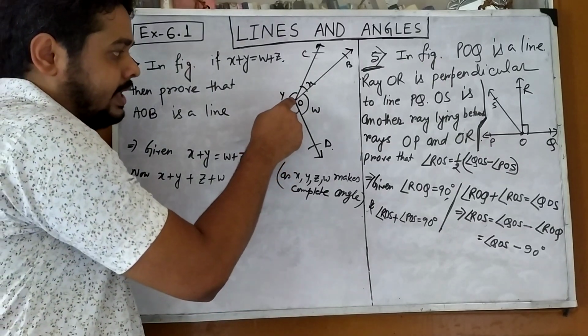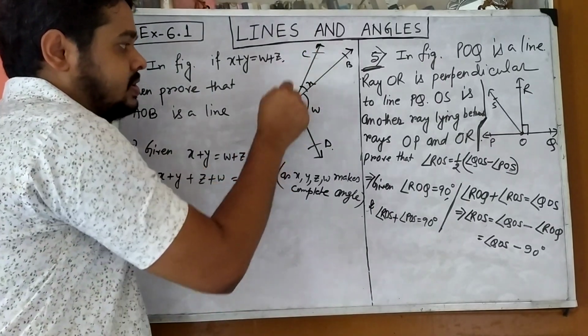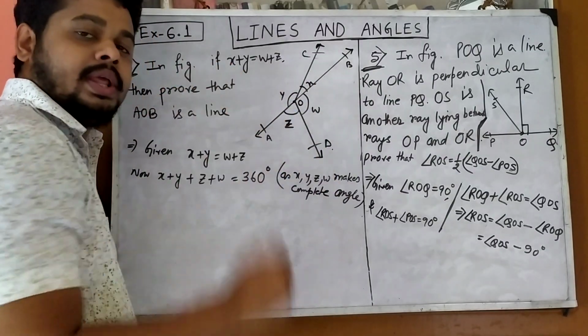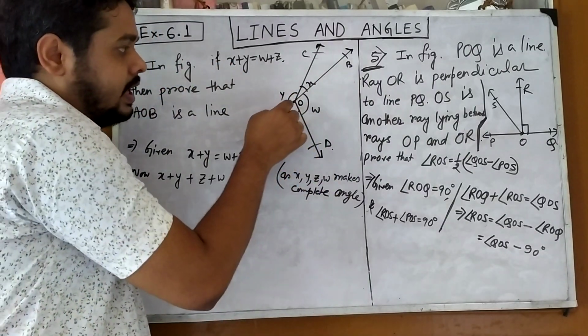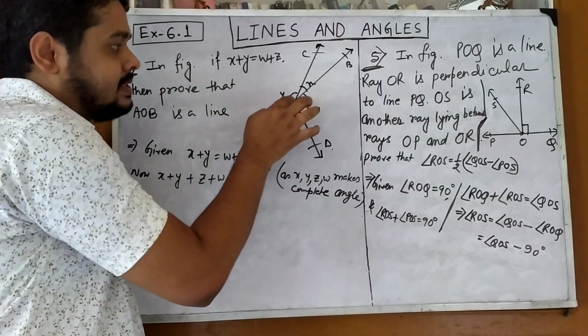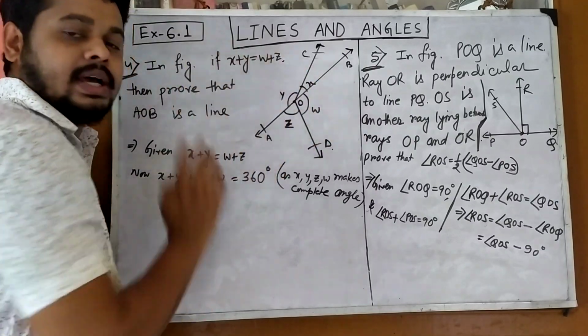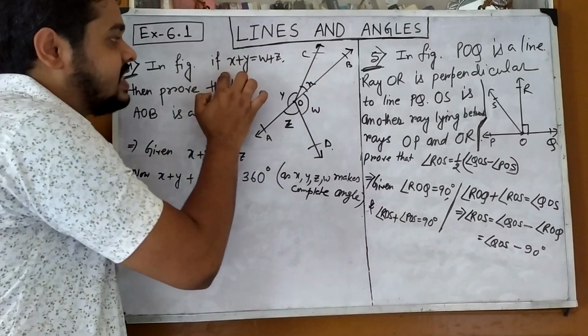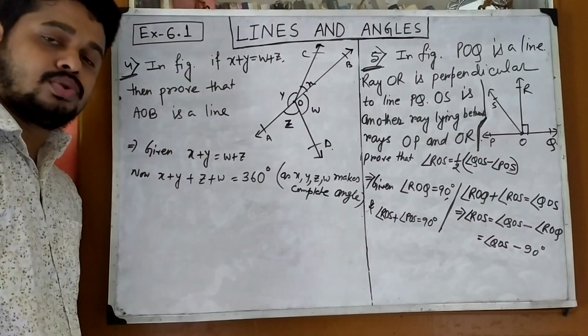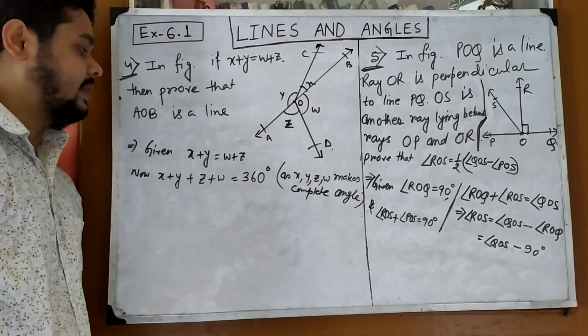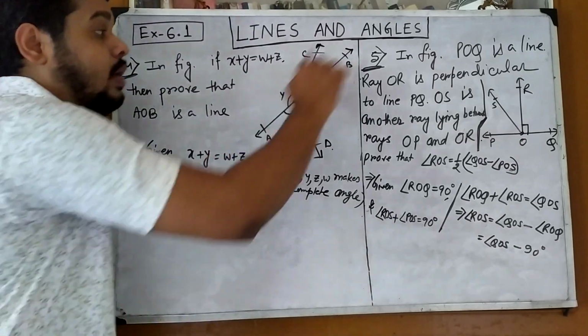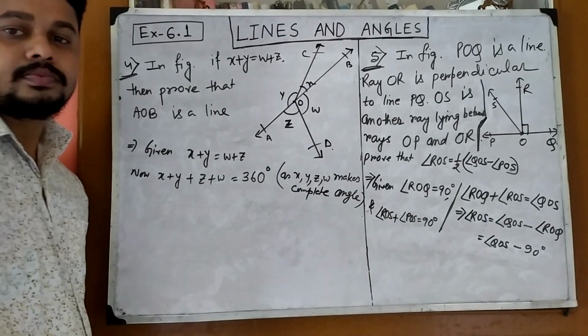Here OA, OC, OB, OD are 4 rays. They are making angles x, y, z, w, and the given condition is x plus y equals w plus z. We have to prove that AOB is a line.